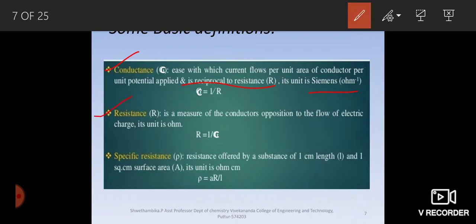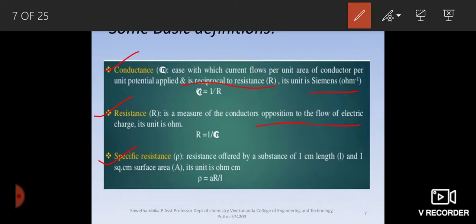Another important definition is resistance. So resistance is defined as the measure of the conductor's opposition to the flow of charge carriers, or we say that opposition to the flow of current, we call it resistance, and R is given as 1/C. They are the reciprocals of each other. Also one more term, that is specific resistance.